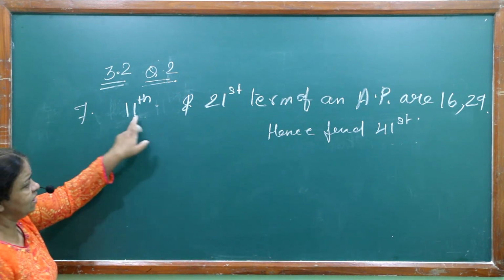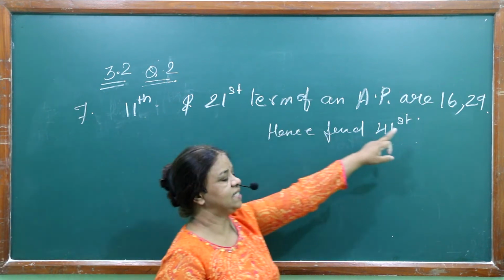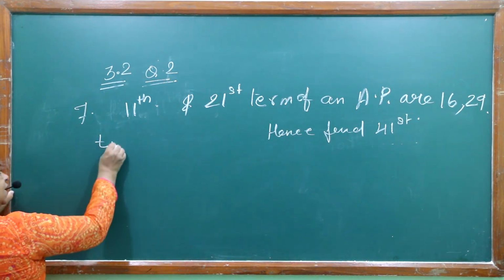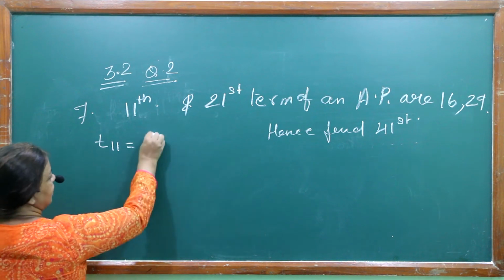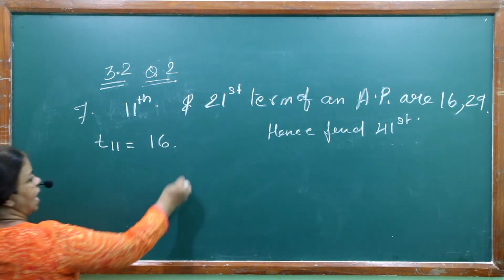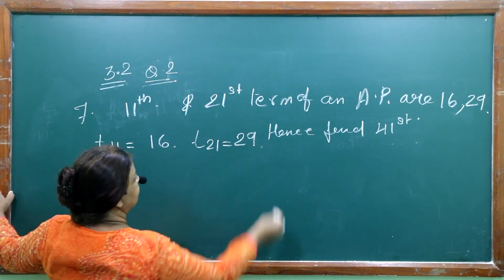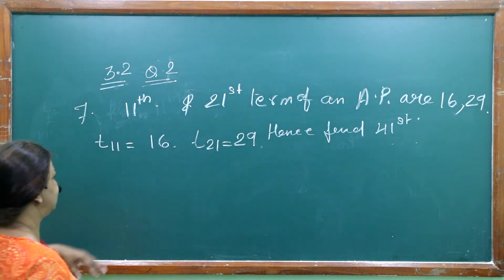So it is given that the 11th and 21st terms of an AP are 16 and 29. So T11 is 16 and T21 is 29.